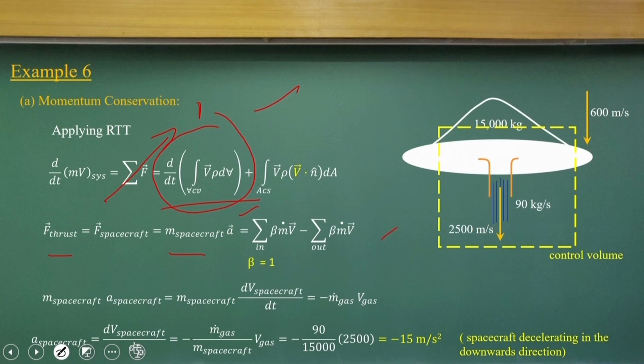There is no inflow, so because of the gas injection we have a momentum flux of m dot times v gas, which equals the spacecraft mass times the acceleration. This way we can compute the acceleration, which will be minus 15 meters per second squared. This is the acceleration of the spacecraft in the negative direction, decreasing its downward velocity.